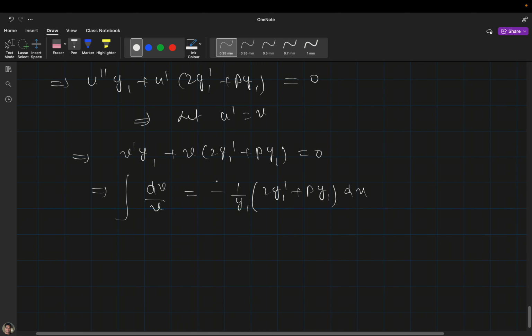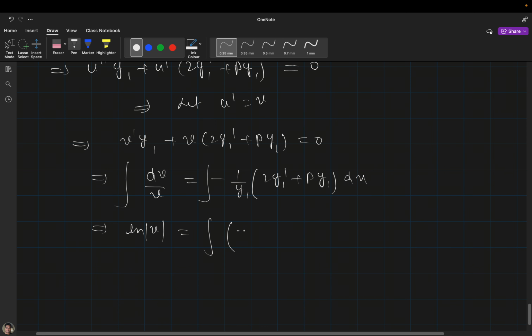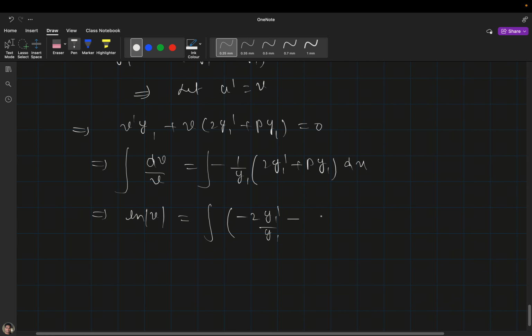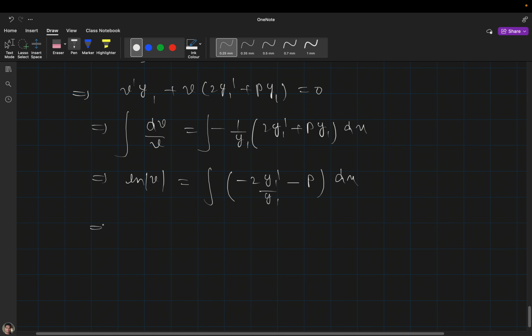Now if you integrate both sides, you will get ln mod of v equal to minus the integral of 2 y1 dash divided by y1, minus the integral of p dx. This will be nothing but minus 2 times ln mod of y1 minus the integral of p dx.